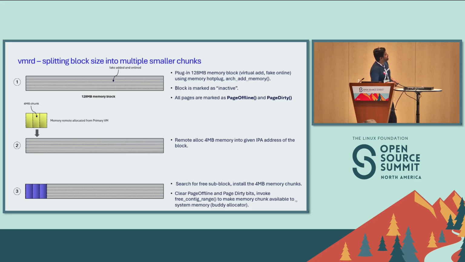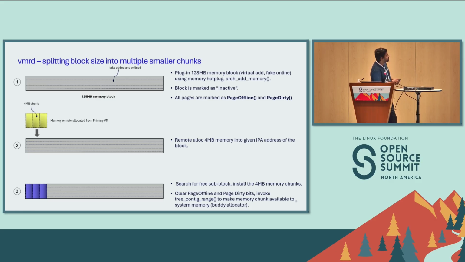So here's one simple sequence where I add this 128 megabyte memory block, fake added, meaning virtually added, and then make all the pages set as dirty and then offline. And then once I get pressure, once the secondary VM decides to add more memory, we allocate in terms of 4 MB chunks from the primary VM, and this allocated memory is given by the primary VM, and then the hypervisor installs it into the IPA space of the secondary VM.